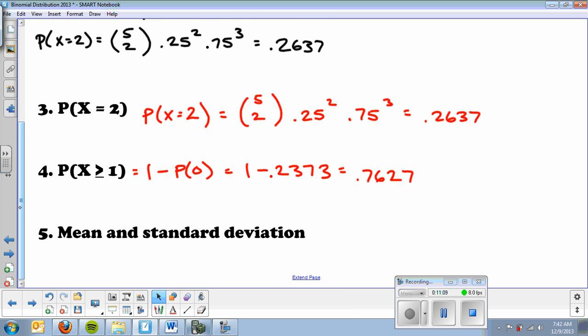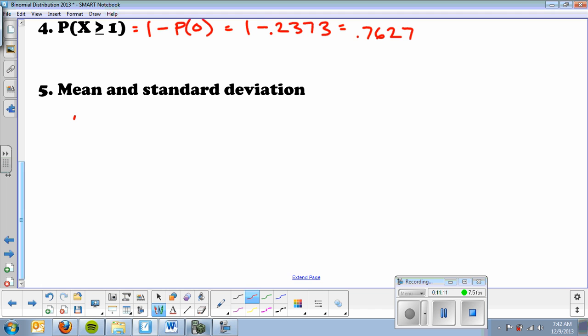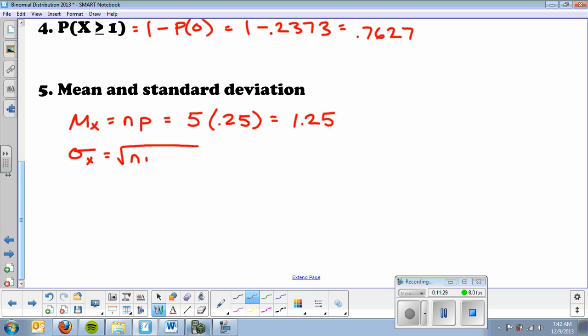Okay, that's the hard part. Now the easy part, find the mean and standard deviation. Mu sub x, again, equals n times p. Well, there are 5 total children, and the probability of success is 0.25. Type that in my calculator, and I get 1.25. Standard deviation of x is the square root of np(1 minus p).